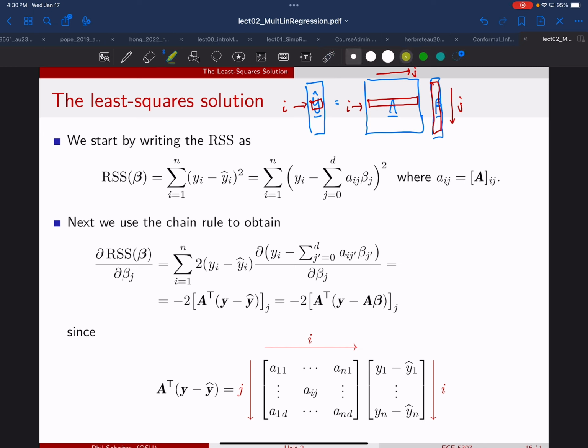So over here on the left, we're looking at a particular j. For example, I'm just using j as a stand-in for a particular partial derivative index that I want to look at. So maybe j is 0, maybe j is 1, but j is like some fixed number.